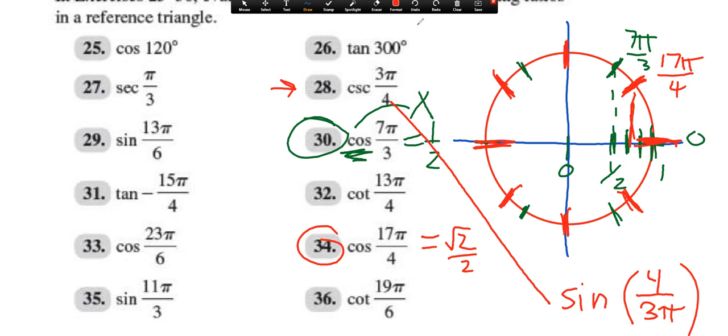Now, the good news is they knew that sine went with cosecant. The bad news is they thought they were supposed to flip the angle over. I don't even know what they're going to do with that. Because they're going to get, 4 over 3 pi? What radian measure is that on the circle? I don't know. That's not what they're asking you to do in a case like that.